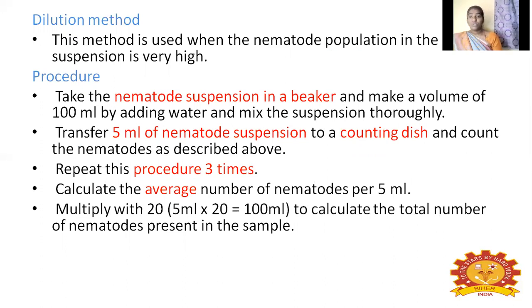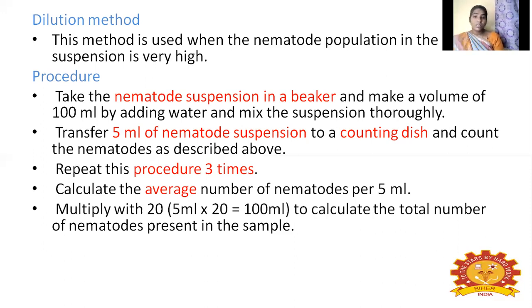So we have to identify them based upon their morphological characters, or sometimes based upon their sexual dimorphism. While counting the nematodes in a dish, we simultaneously identify them for future use. So identification of a nematode is an important thing.